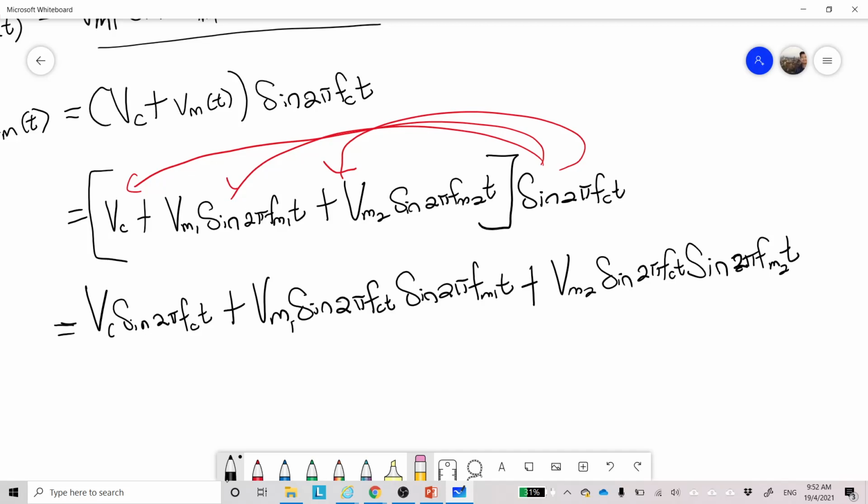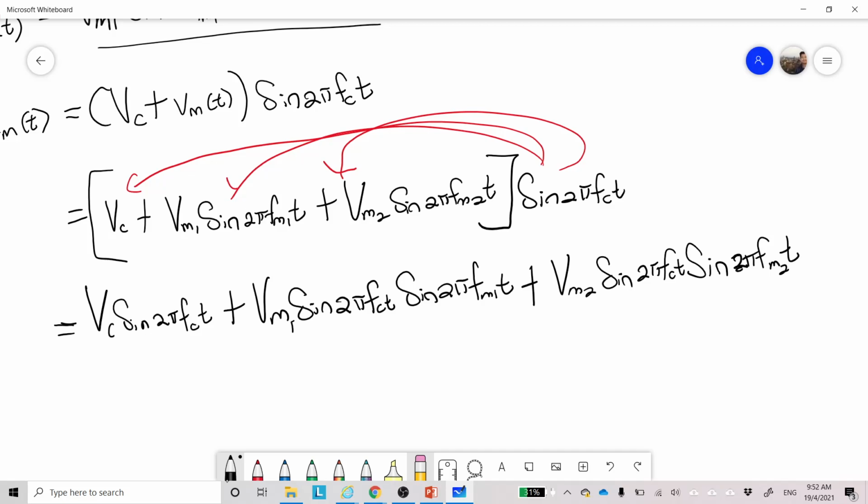And if we expand this equation, if we write the complete equation, it will become something like this. VC sine 2 pi FCT plus VM1 over 2.